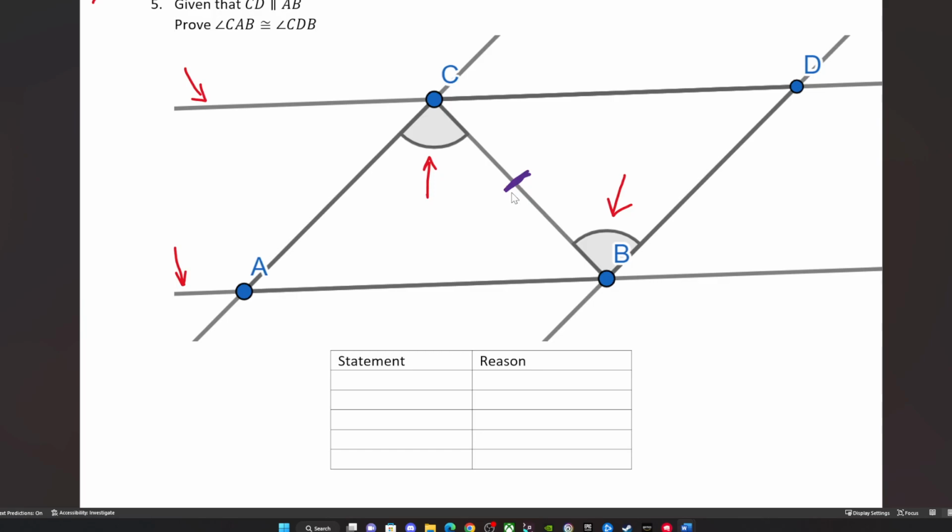Now, from here, I want to be strategic. I don't know what else I could get, but there are so many things that I could get out of this. First of all, because these two segments right here, the ones that I'm pointing to in green and red, are parallel, this line right here could be treated as a transversal line.